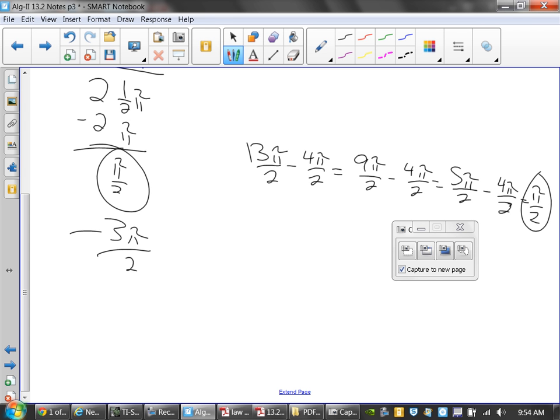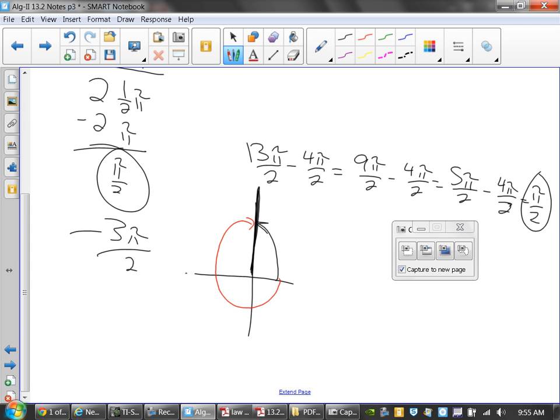Yes, absolutely. Now, there are 2 ways of going about that. On the negative 3 over 2 part: when you wound up at your positive coterminal angle, in order to get there going the other direction is that way.